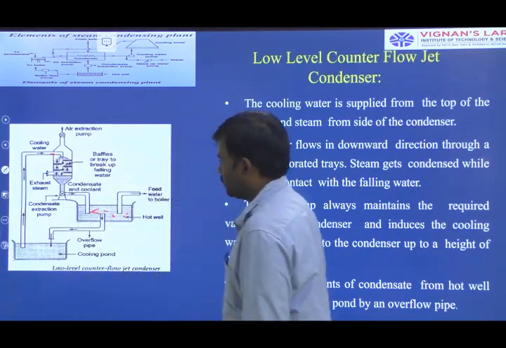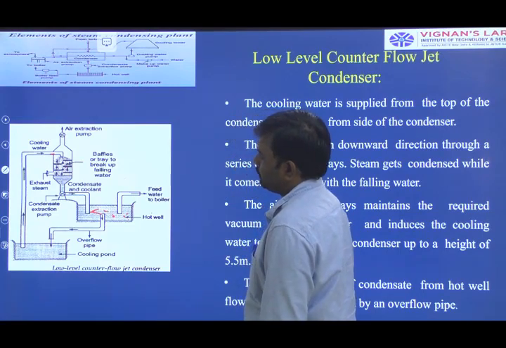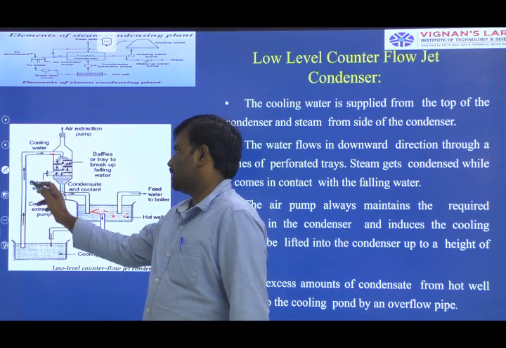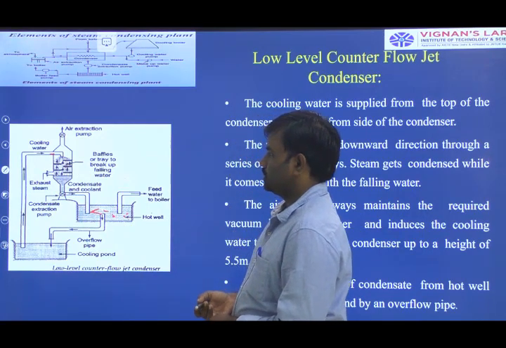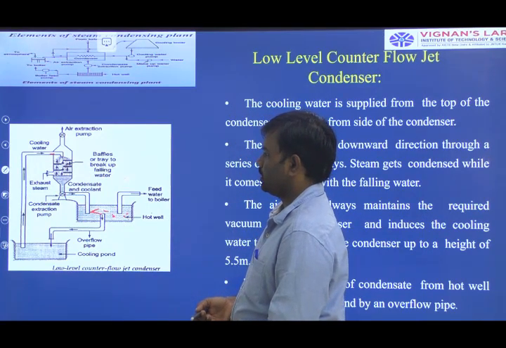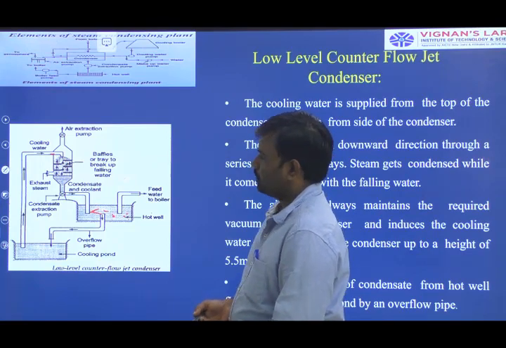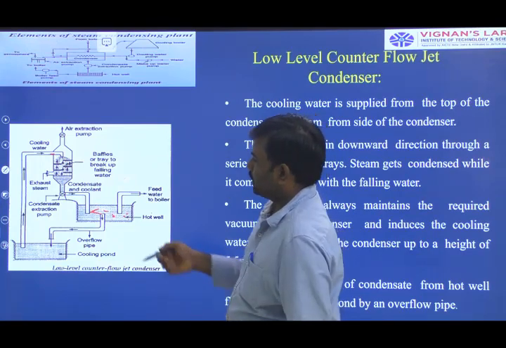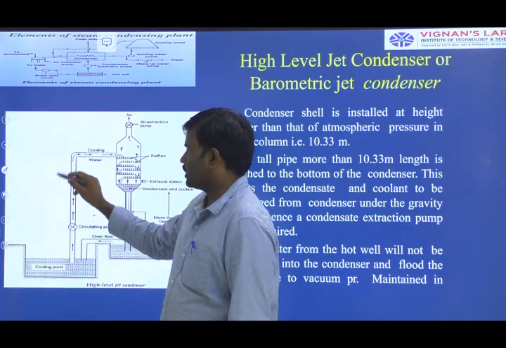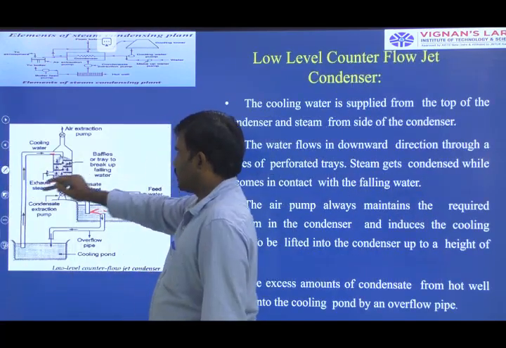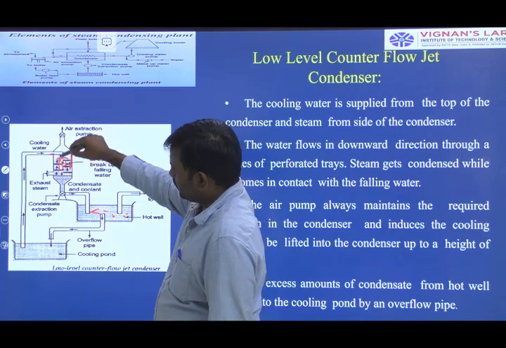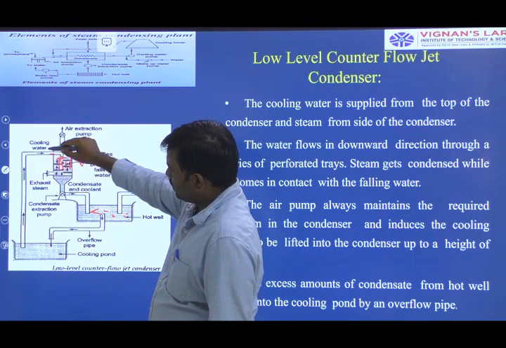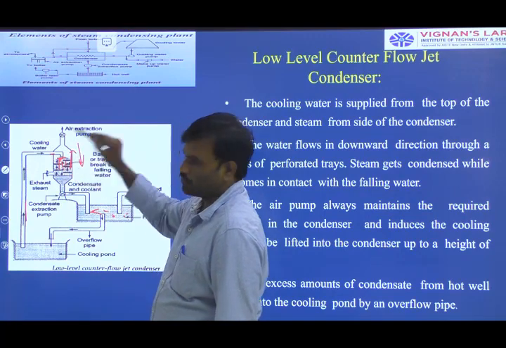You have to observe the direction. From the bottom side the water enters, and here itself the exhaust steam enters into the steam condenser section. The direction of exhaust steam and flowing water is different. The exhaust steam flows upward inside the condenser, and in the opposite direction the cooling water enters.